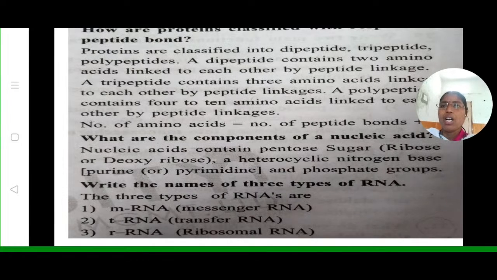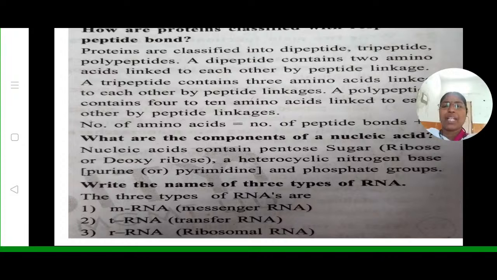Next question, how are proteins classified with the peptide bonds present in amino acids? The answer is, proteins are classified into dipeptide, tripeptide, tetrapeptide, polypeptides, etc. How is a dipeptide formed?